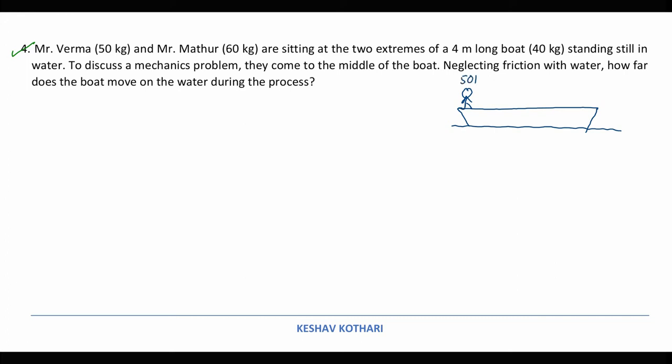Mr. Mathur is on the extreme end having a mass of 60 kg, and the mass of the boat itself is 40 kg, and the length of the boat is given to us as 4 meter.